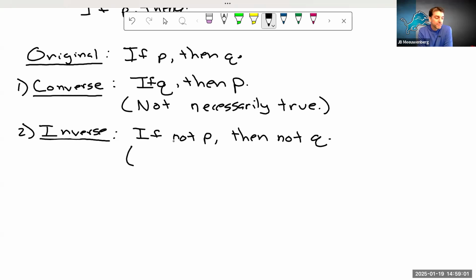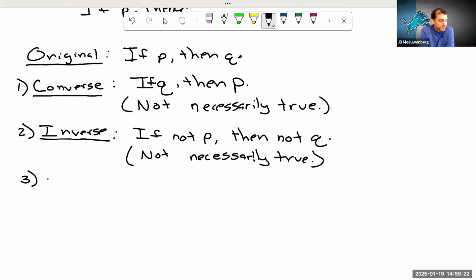The inverse, if not P, then not Q, is kind of like the converse. There are some times when it may be true, but it's not necessarily true.